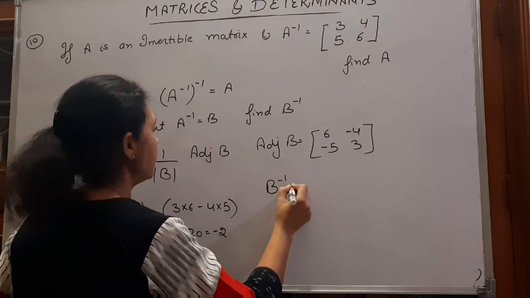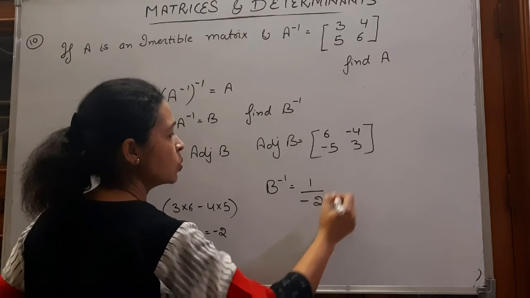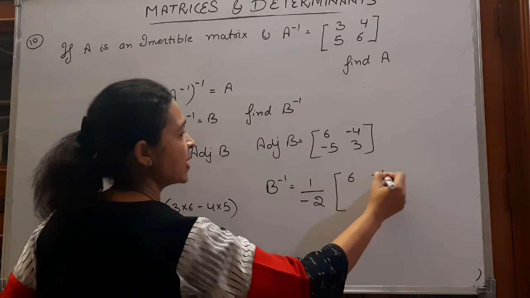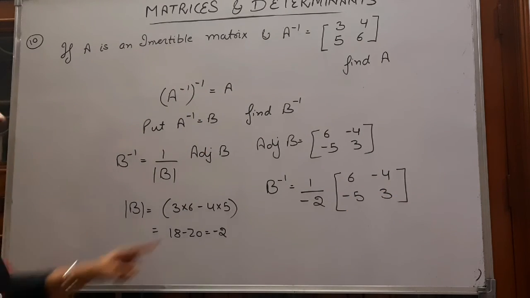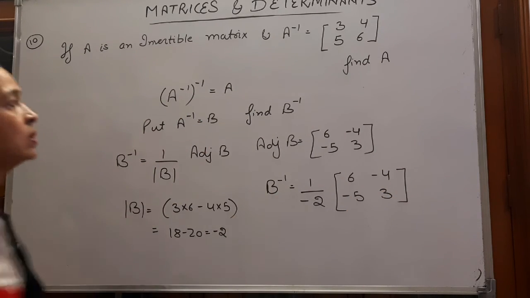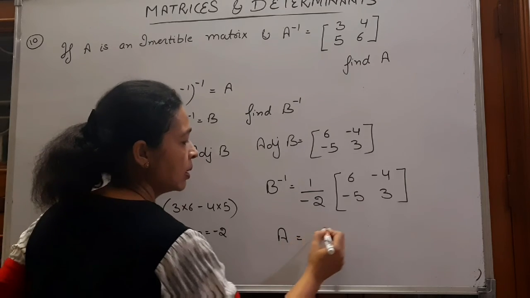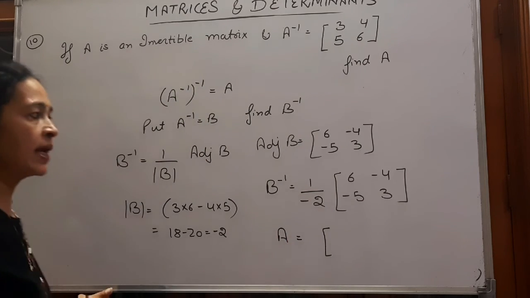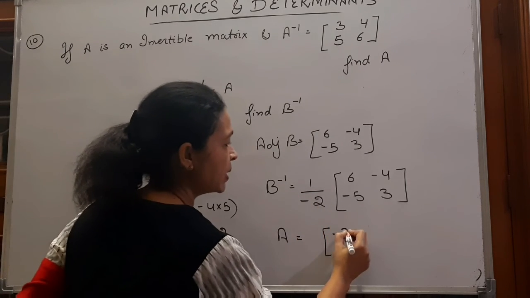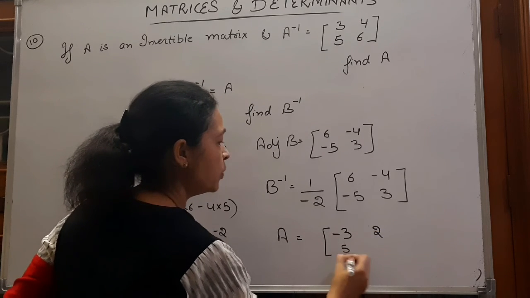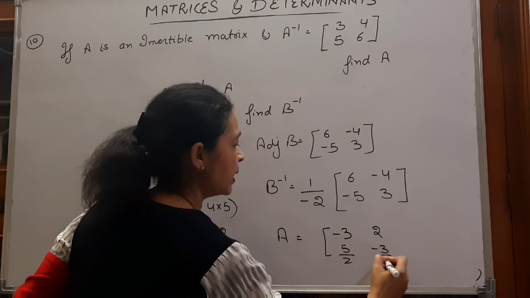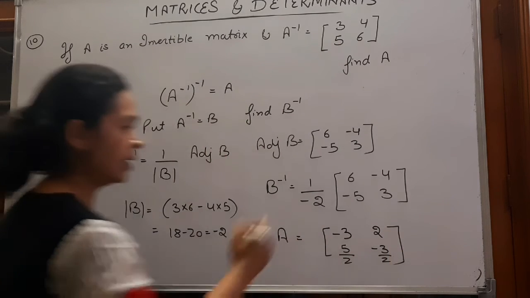Now B inverse will be 1 upon -2, inside we have [6, -4; -5, 3]. B inverse will be equal to A. Take -1 by 2 inside. We will have [-3, 2; 5 by 2, -3 by 2]. This is our matrix A.